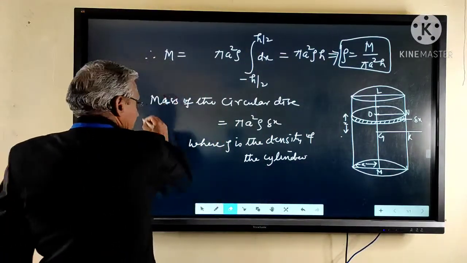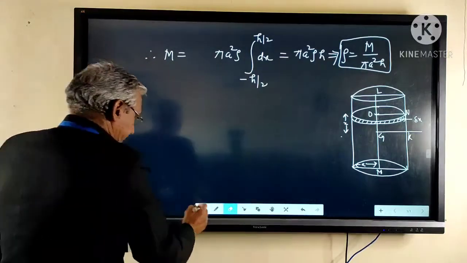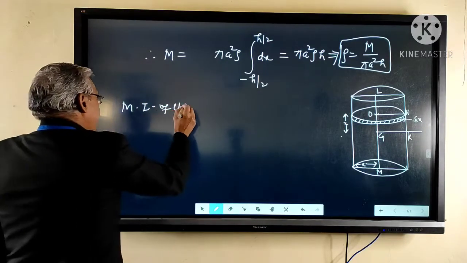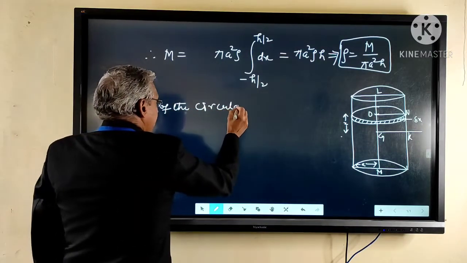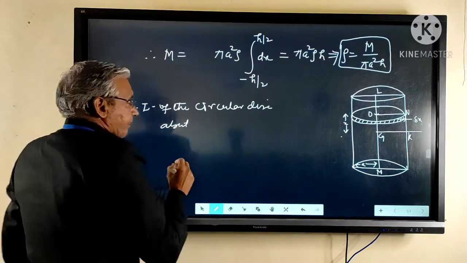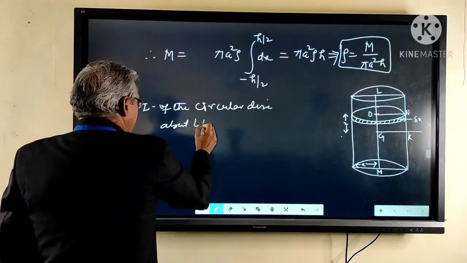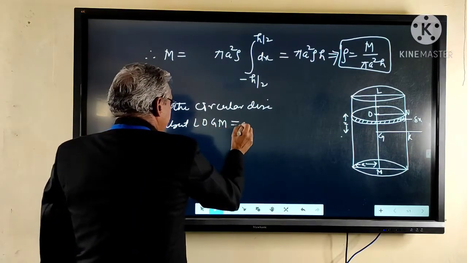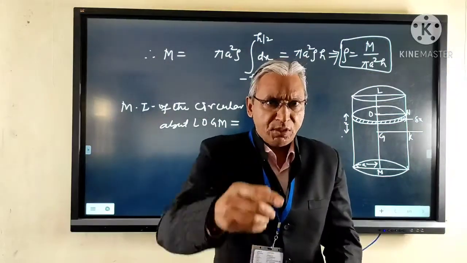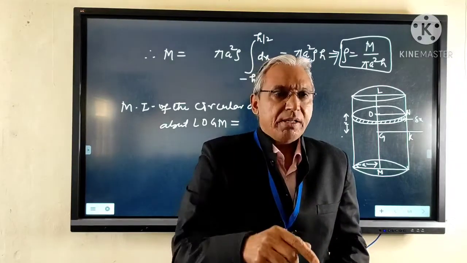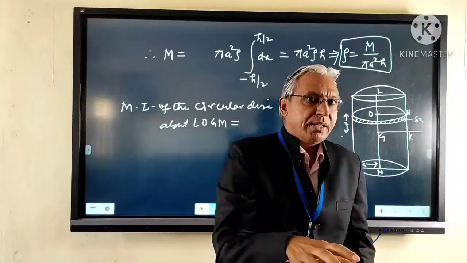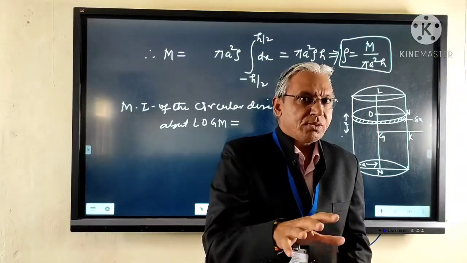Now the moment of inertia of the circular disc about LGM equals, we know that the moment of inertia about a line which passes through the center of the circular disc and perpendicular to its plane is m a square by 2.